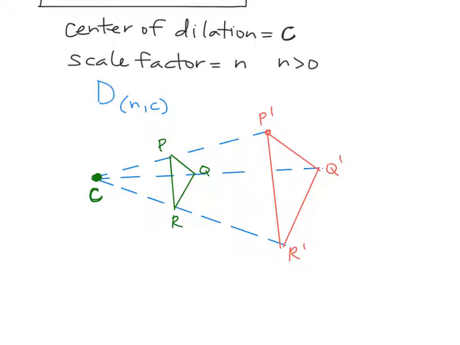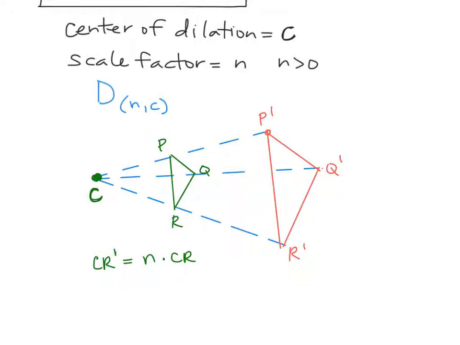The length of C prime, R prime, so if I do CR prime, the way we can figure out that distance is by multiplying the distance of CR by the scale factor. So I'm going to take that N, the scale factor, and multiply it by CR, and that will get me my CR prime.